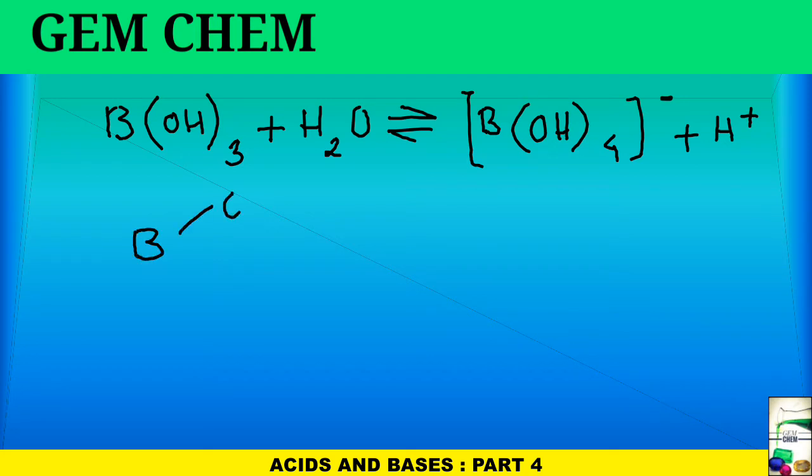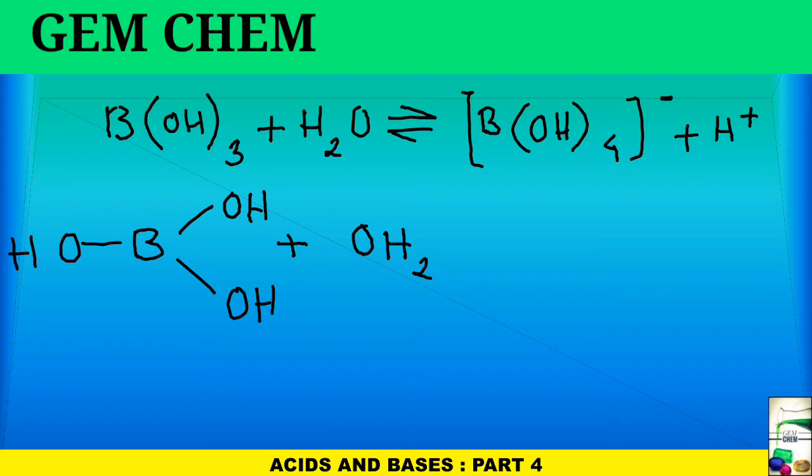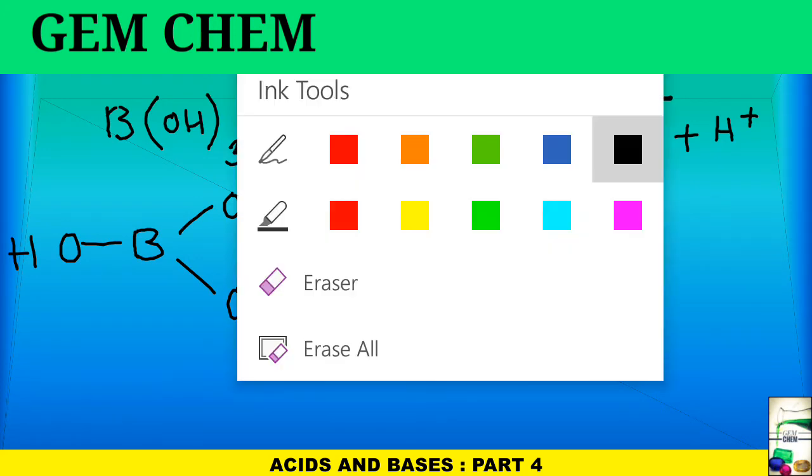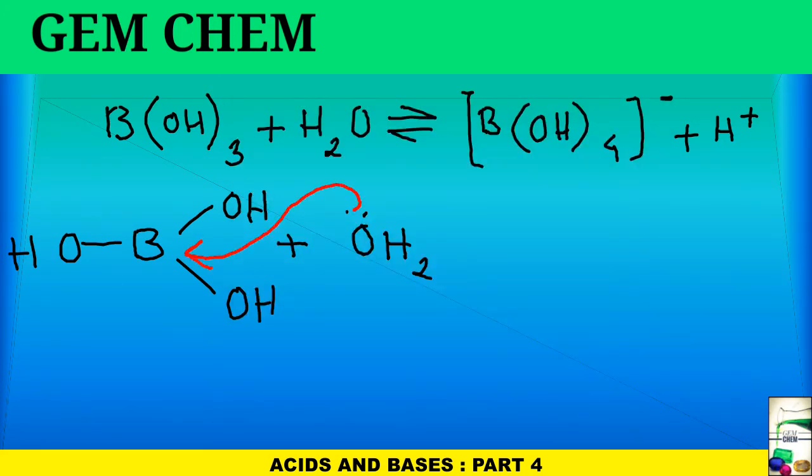Here we have OH, OH, another OH, and we have a water molecule with lone pairs, and here the attack takes place. What we get is like this: boron, OH, H. Since O is bonding with 3 atoms, it will have a positive charge over it, and boron is bonding with 4 atoms, so it will have a negative charge on it.